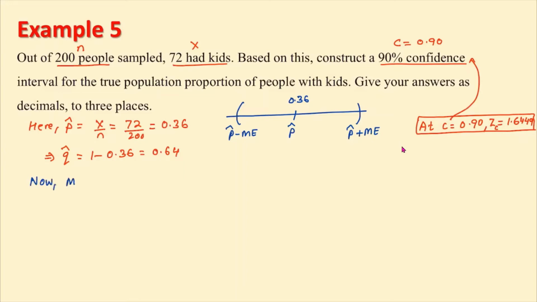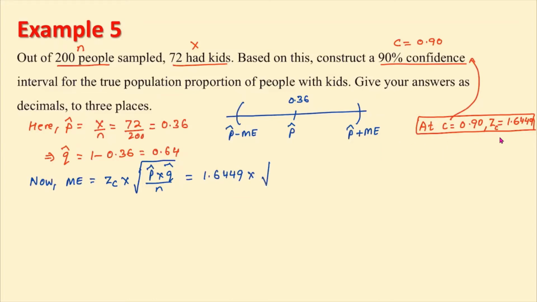Now, the margin of error is given by the formula Z critical multiplied to square root of P hat Q hat divided by N. Z critical is 1.6449. As I mentioned here, this is from example 1.